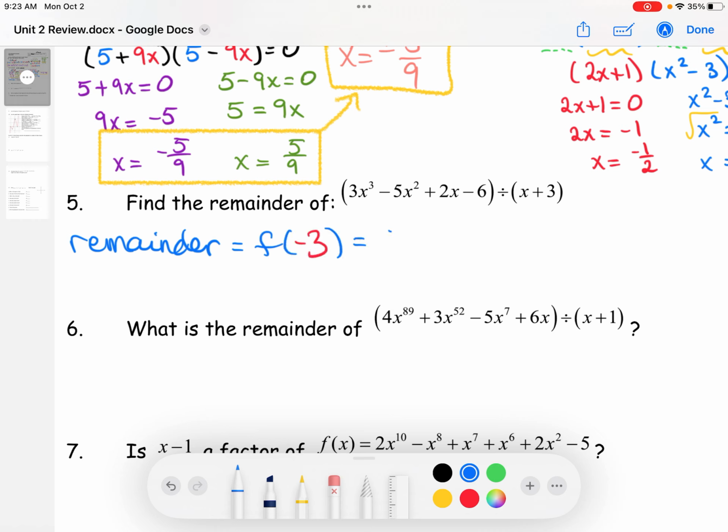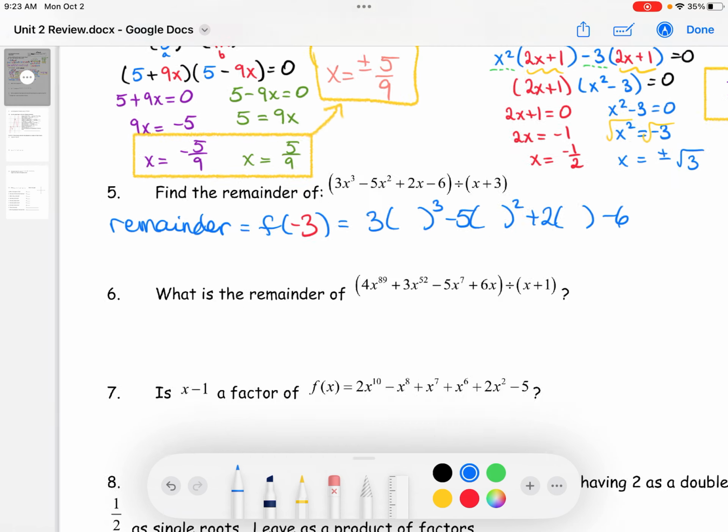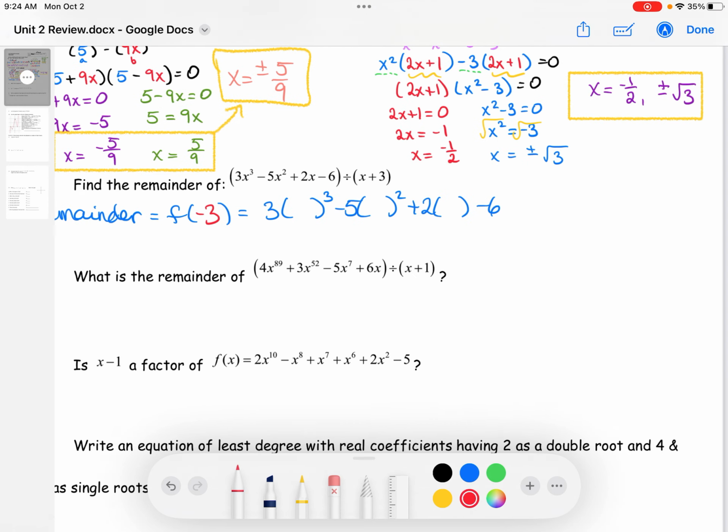Yes, that sign switched. So if we plug in to that polynomial, we can find the value of that remainder. Plug in a negative 3, and we will have the equivalent of the remainder.